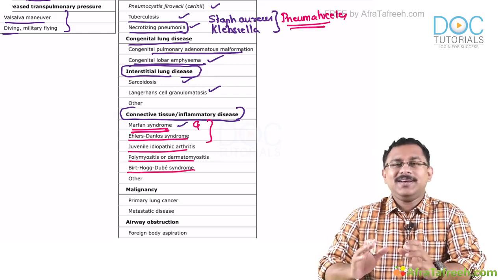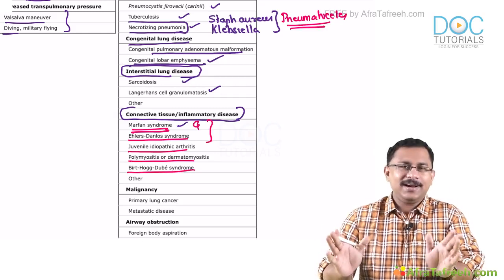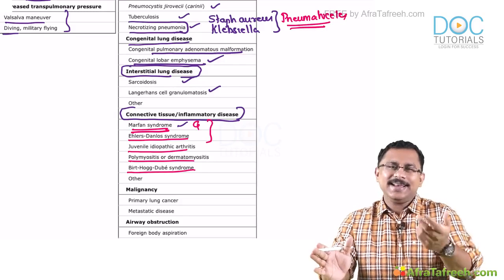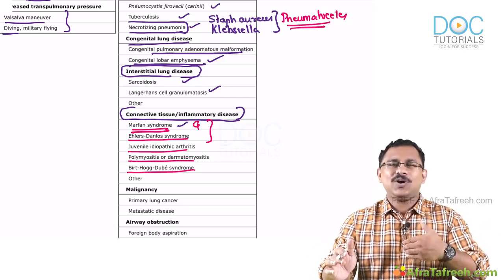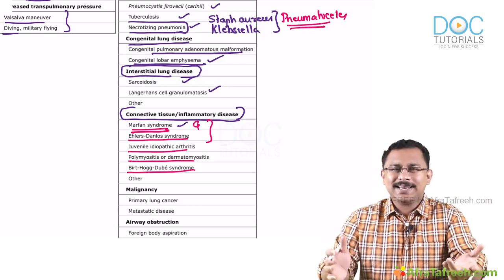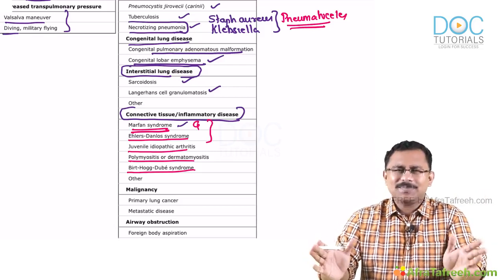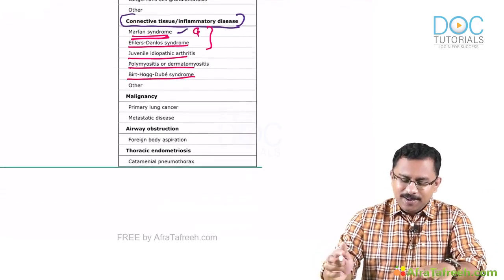Most important is Marfan and Ehlers-Danlos. You may get a clinical scenario of a patient with Marfan syndrome developing acute onset breathlessness, and chest x-ray may be given. So again, it is a simple straightforward question.